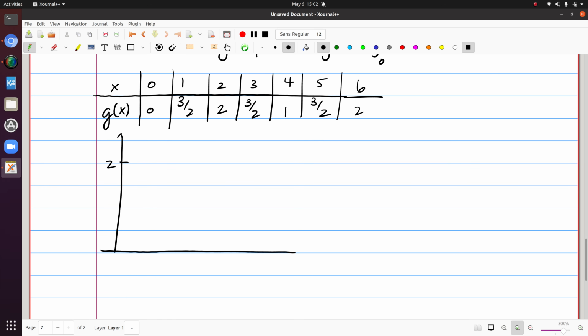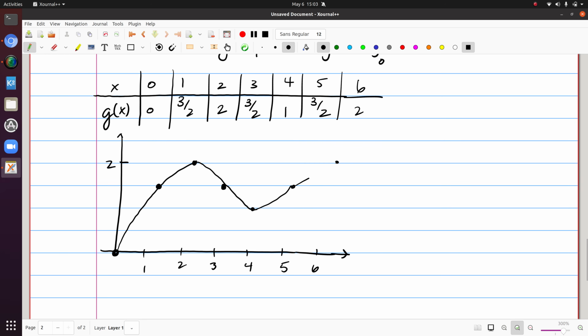Then we see it passes through the origin, and then we go up to 3/2 and then 2. And then we go back to 3/2, we go down to 1, 3/2, and 2. So I could connect these. Let's make it kind of smooth. I'm just sketching the graph.